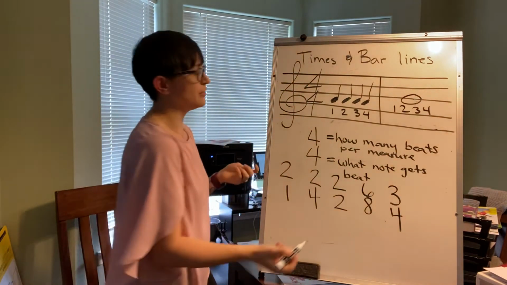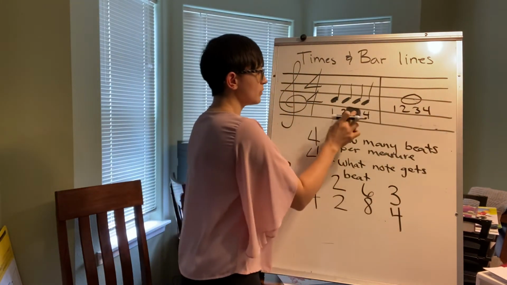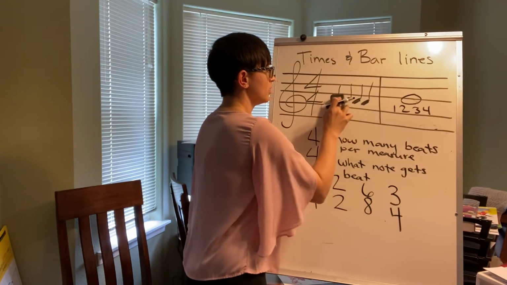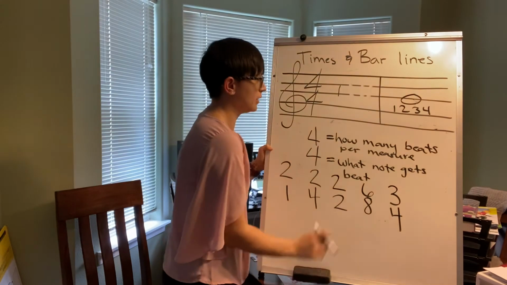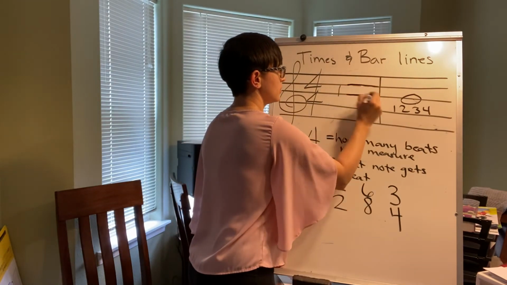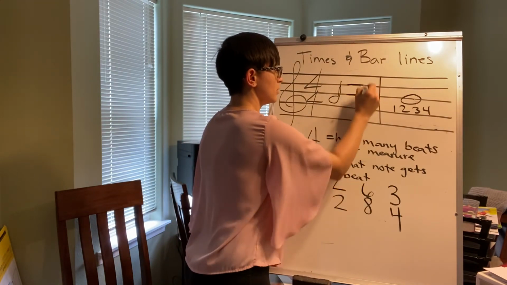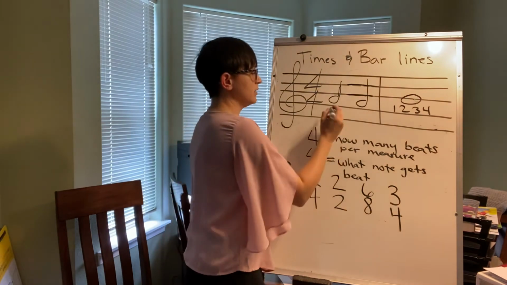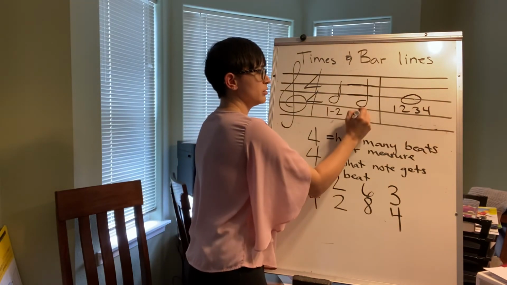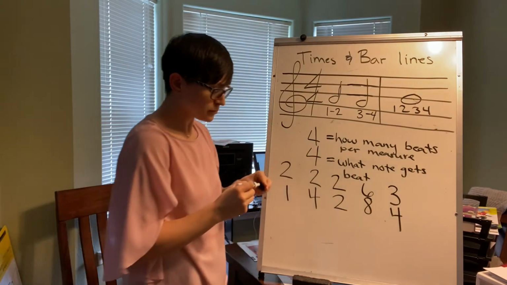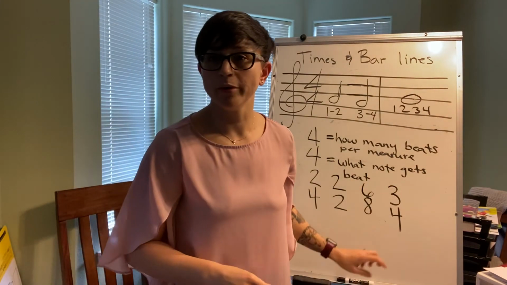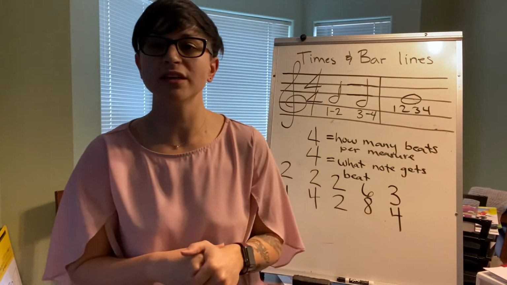But if you had 2 half notes in a row, let's see what that would look like. If you had 2 half notes in a row like that, 1, 2, 3, 4. Okay?